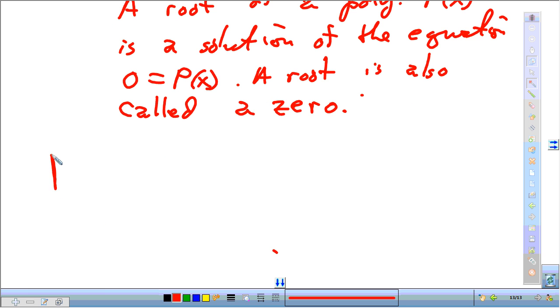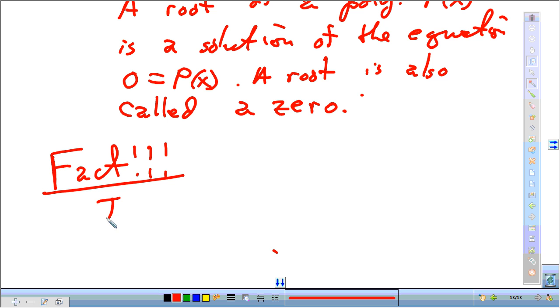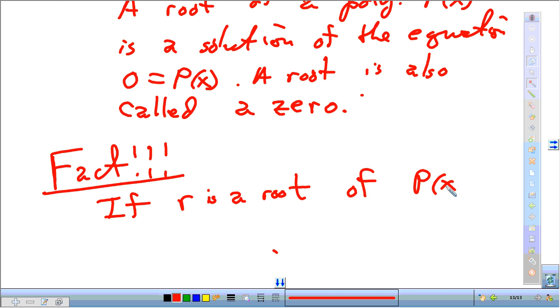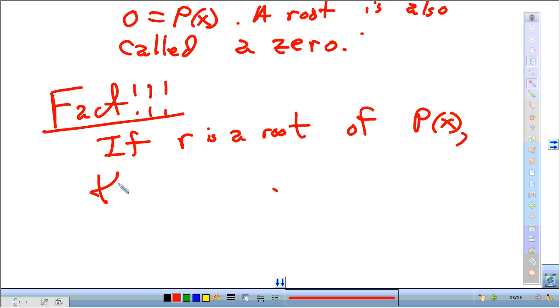Now, big fact here. If you take a root or a 0 for a polynomial, then you actually have also a factor.